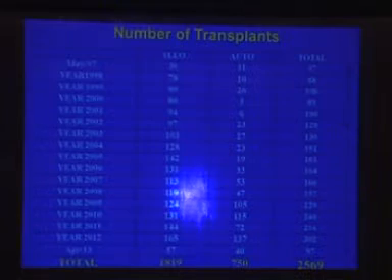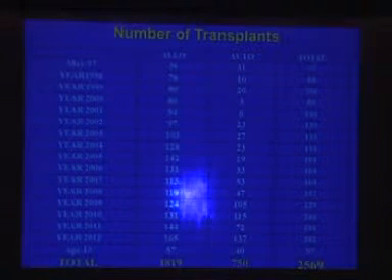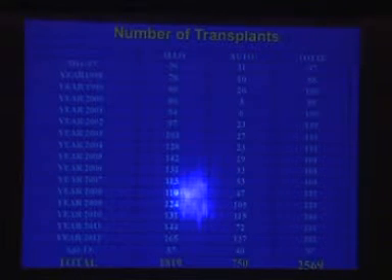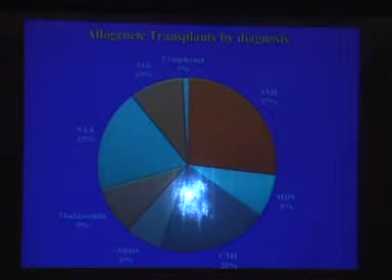This is the total number of transplants done over the past 15 years. We did more than 2,500 transplants and around 1,800 allo transplants. As you can see here, beta thalassemia major represents about 10% of the total number of allogeneic transplants done at Nasser Institute, and this includes adults and pediatrics.